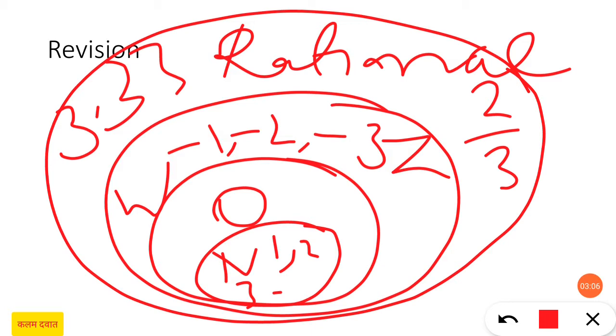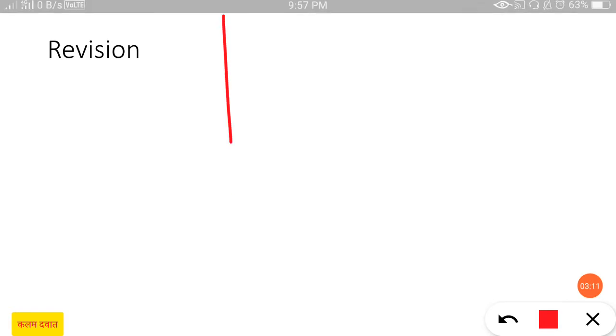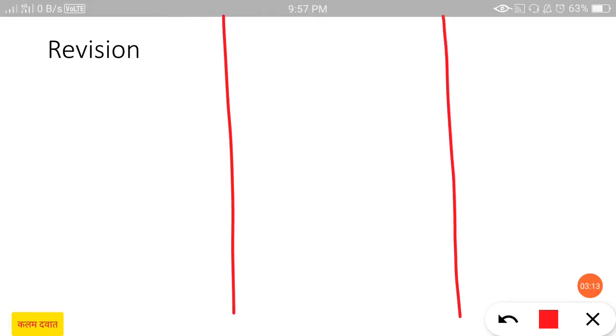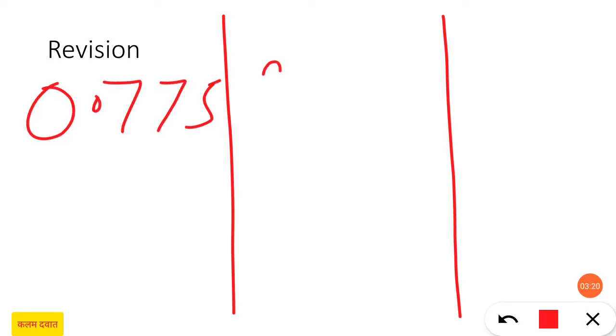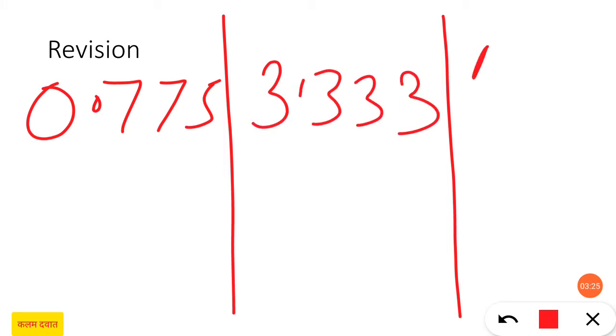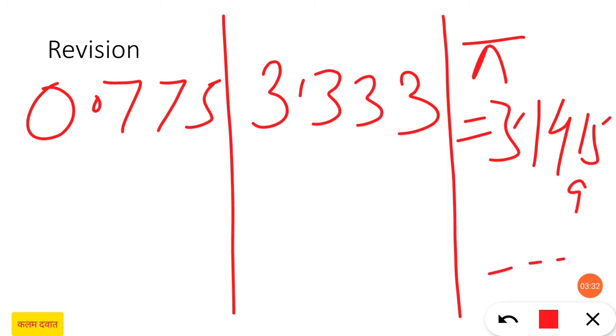Now irrational numbers. Let's see, dividing into three categories. There are some decimal expansions which are in the form of this, and some which are in the form of this. And suppose pi equals 3.14159 and so on, meaning unending.